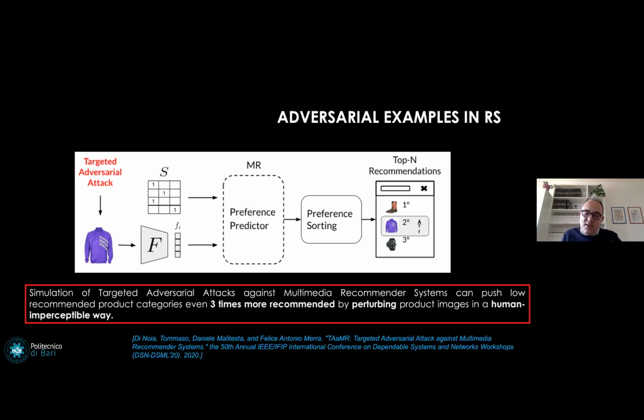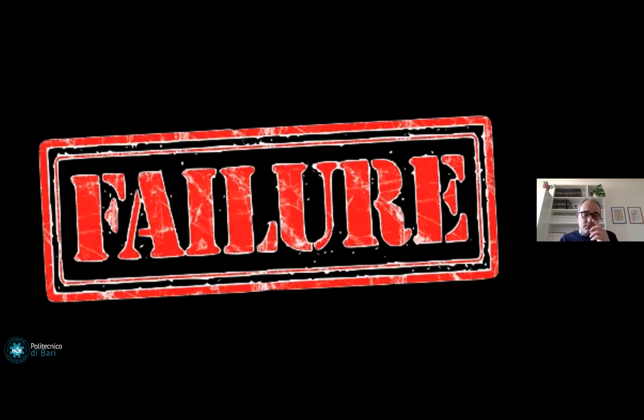So by changing in an adversarial way the original images, we can attack a recommender system. So there is clearly a failure in the machine learning systems that we use. There is something that is not really clear, something that we have to take into account very carefully. But what is the origin of such a failure?